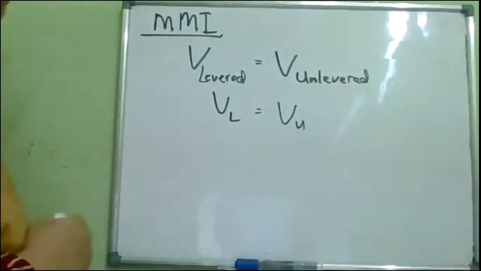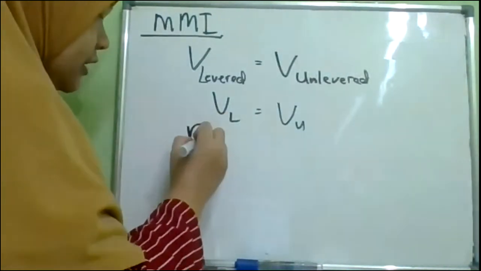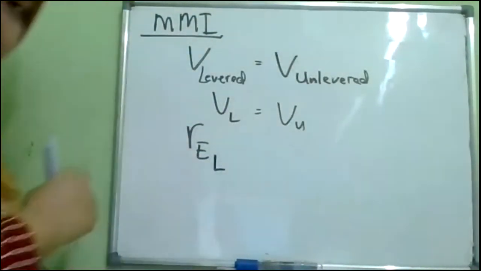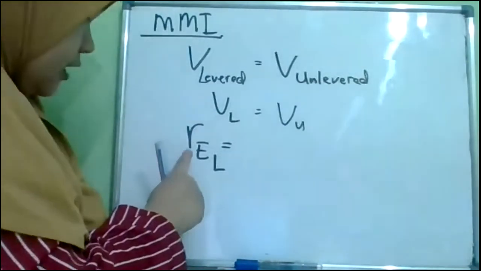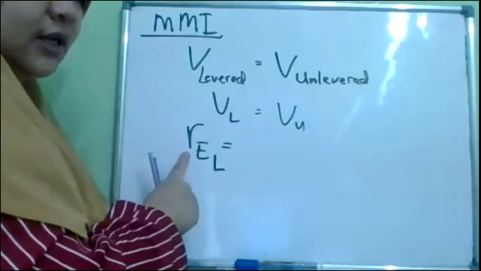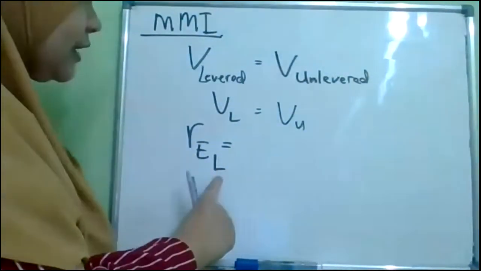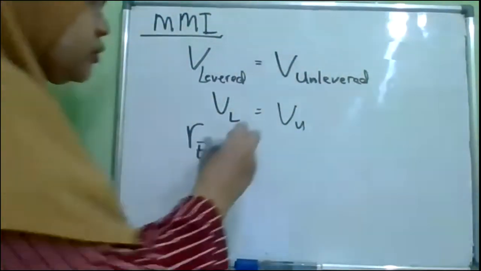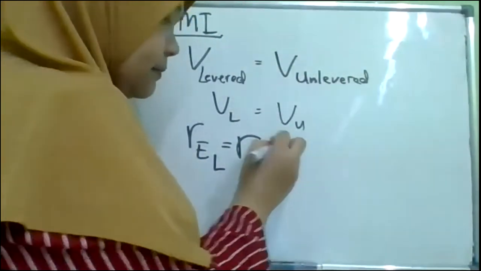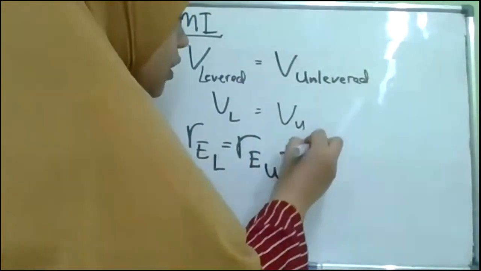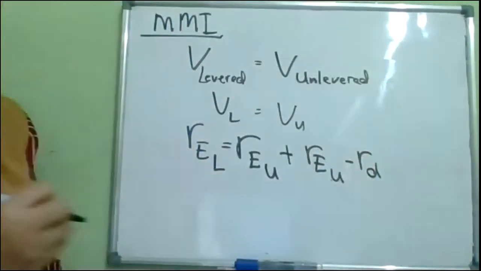Okay, so the Hamada equation tells you the cost of equity of the levered firm. R is the rate. So the rate of cost of equity of the levered firm equals the cost of equity of the unlevered firm plus the cost of equity of the unlevered firm minus the cost of debt.